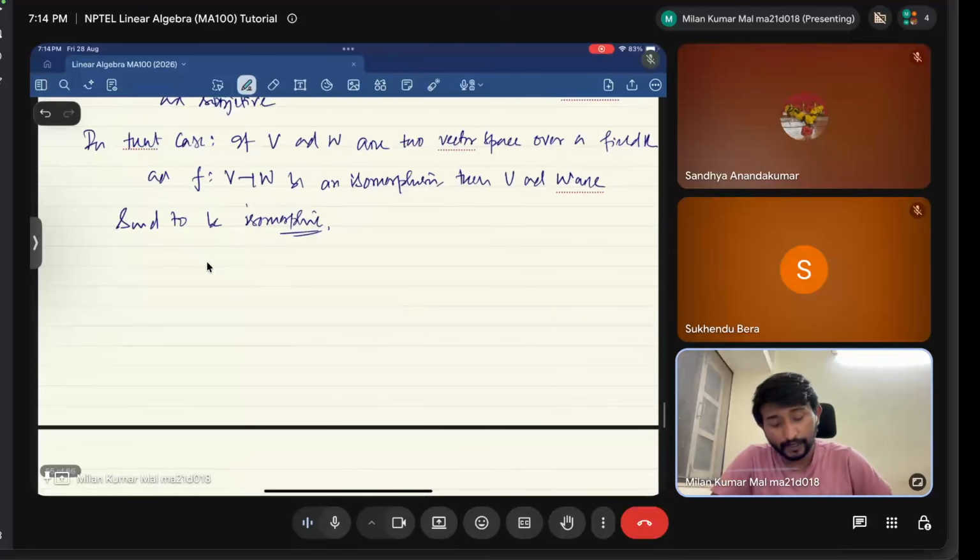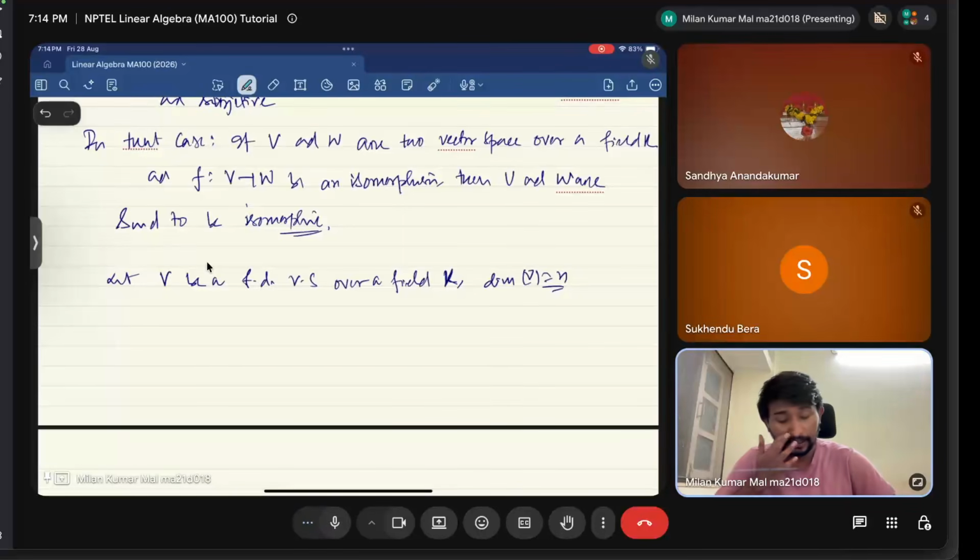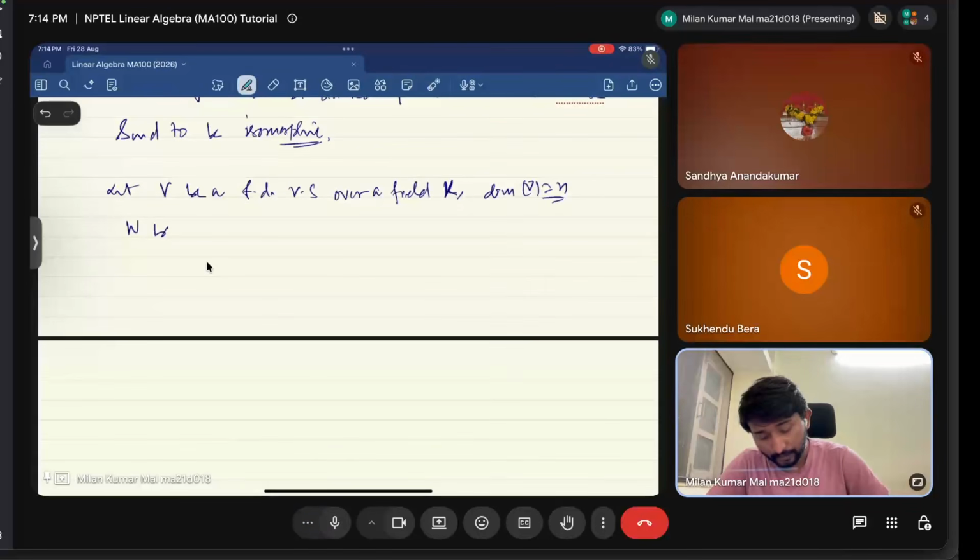So here is an interesting fact. Let V be a finite dimensional vector space over a field K, and let the dimension of V be equal to n, and let W be another vector space and f from V to W be a linear map.